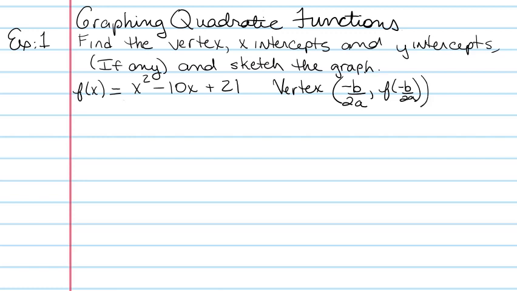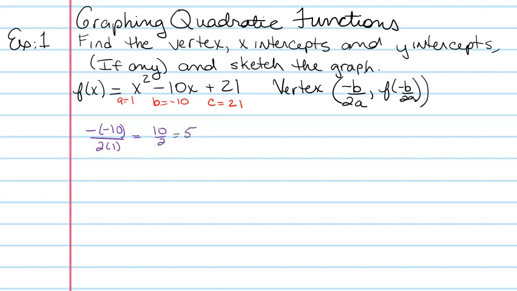So A is 1, B is negative 10, and C is 21. And so for my formula, I'm going to do negative 10 over 2 times 1. So that's going to give me 10 over 2, which is 5.